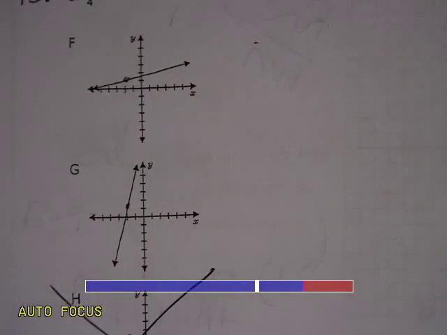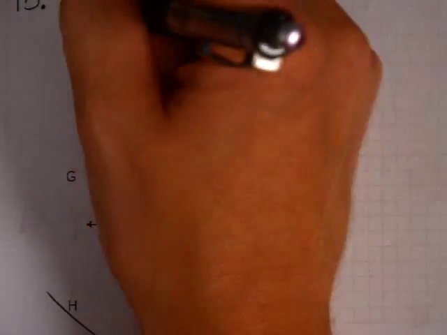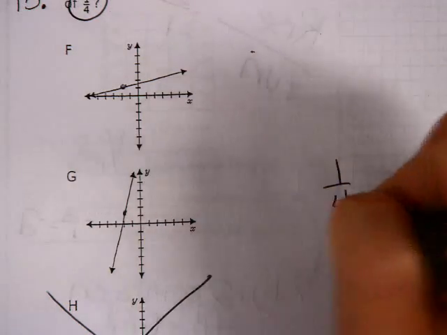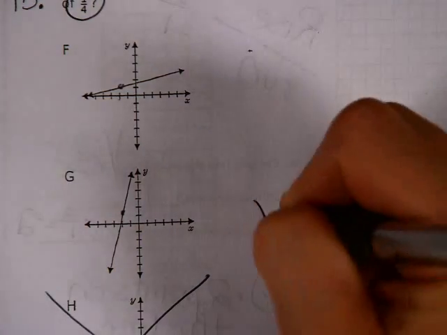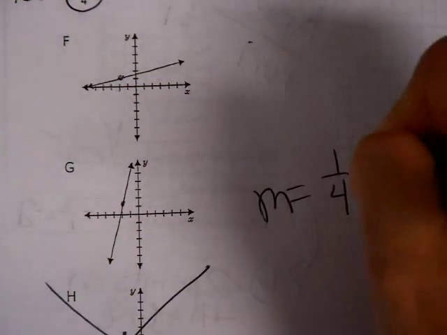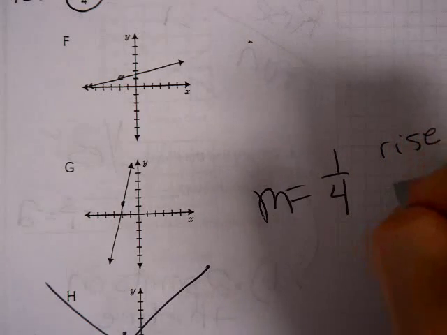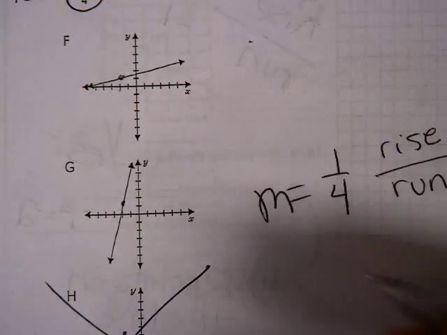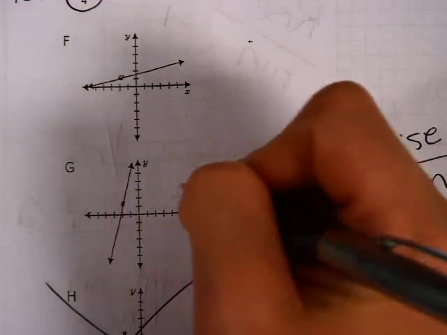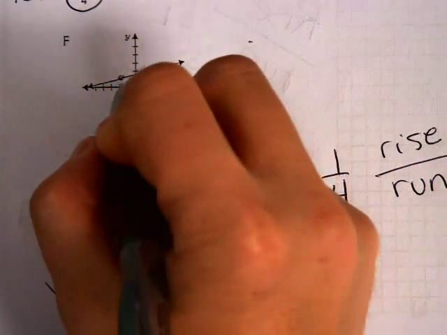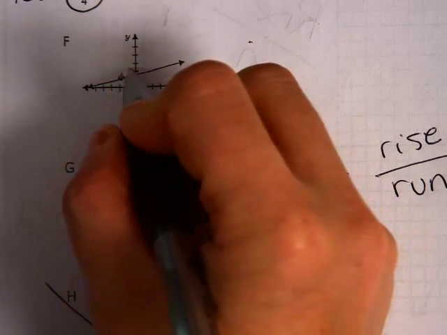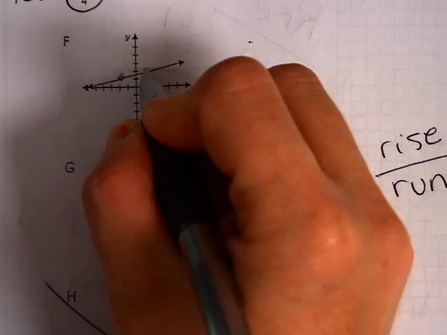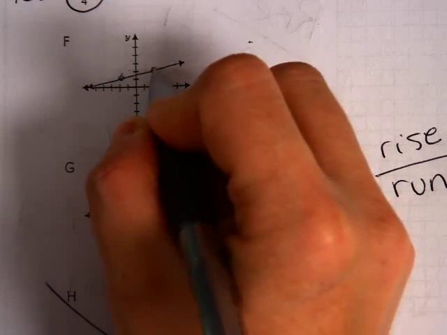Now, here's where it gets tough. The slope is 1/4. So this is the m. This means the rise is 1 and the run is 4. So I go up 1, and then I count over 1, 2, 3, 4.